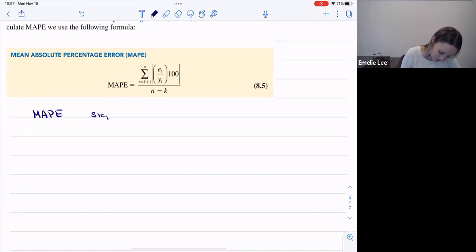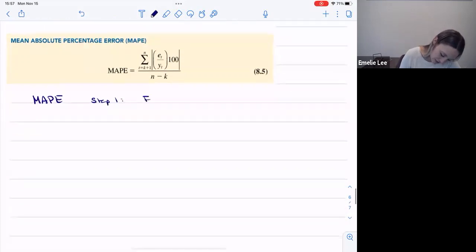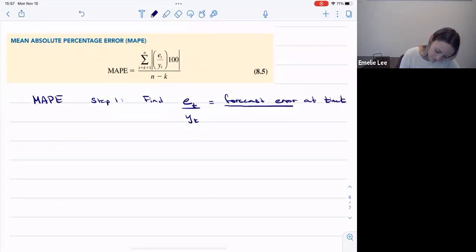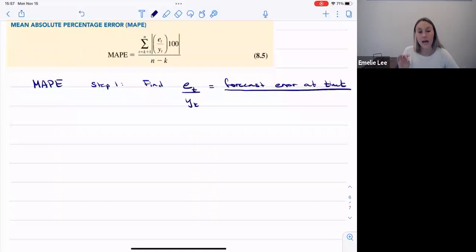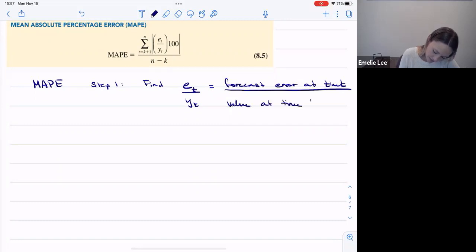Step 1, find E_t divided by Y_t, which is the forecast error at time t divided by the actual value at time t, so the actual time series value at time t. So that's your step 1. Basically, find the forecast error as a percentage of the actual value.